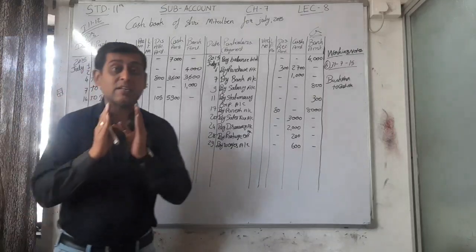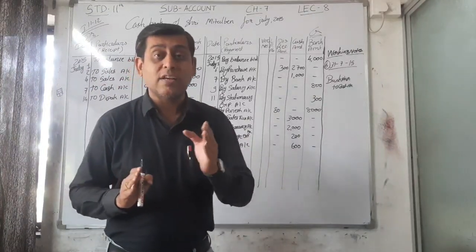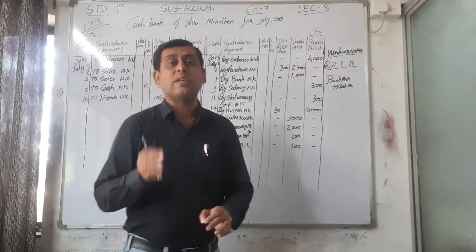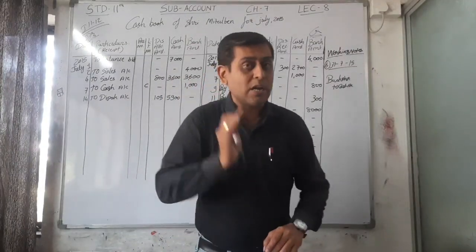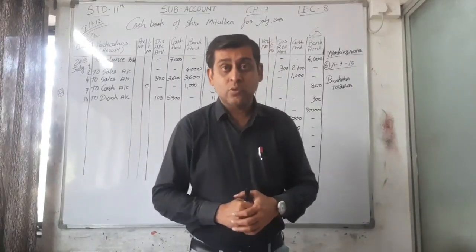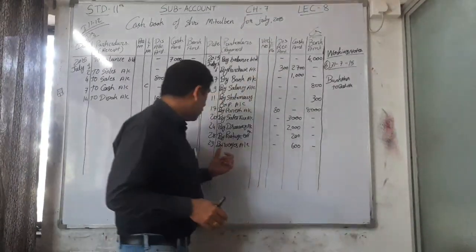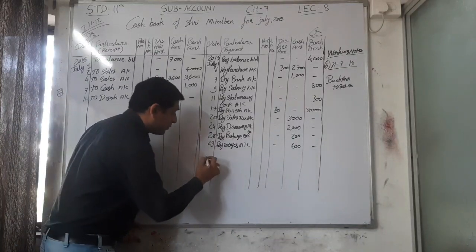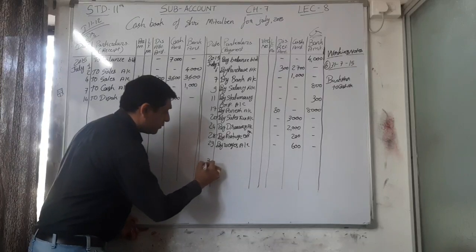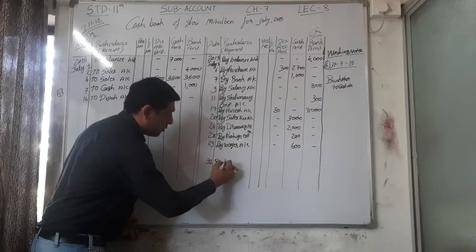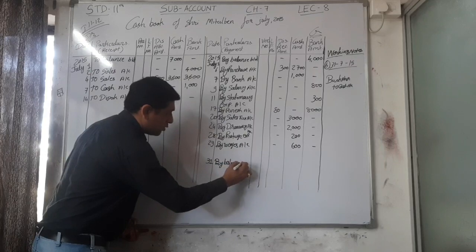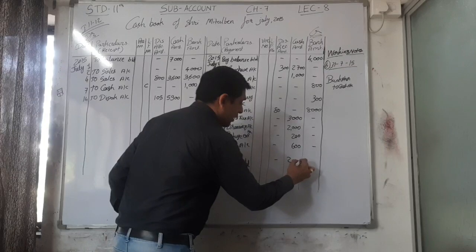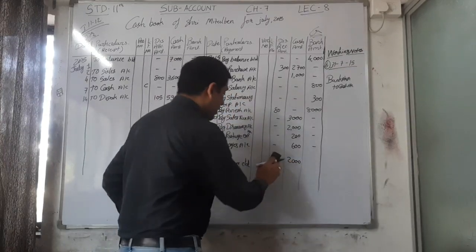The closing balance of the cash column is given in the question, and whatever amount remains, we have to deposit into the bank. So leave one line here for that transaction, and on the 31st, by balance c/d or c/f in the cash column, 2000 is our closing balance.